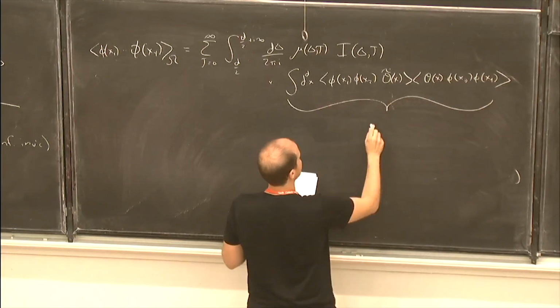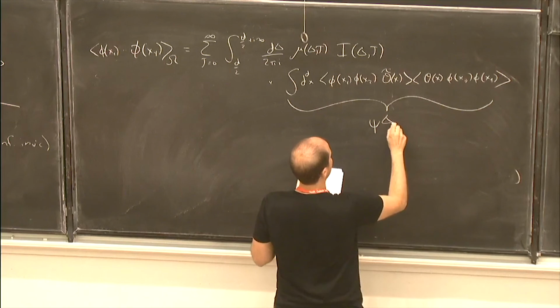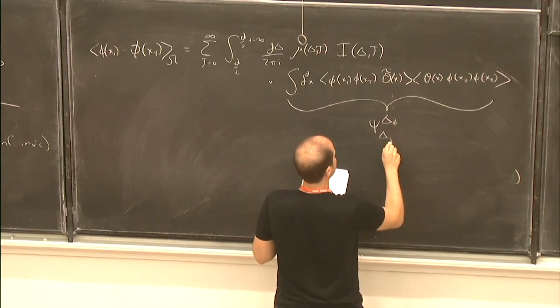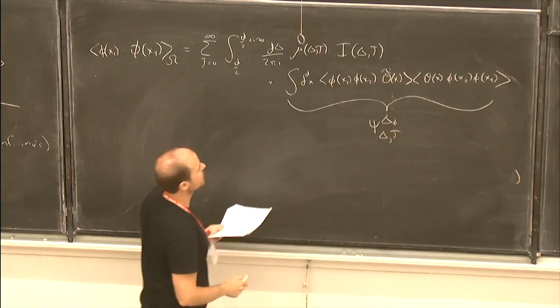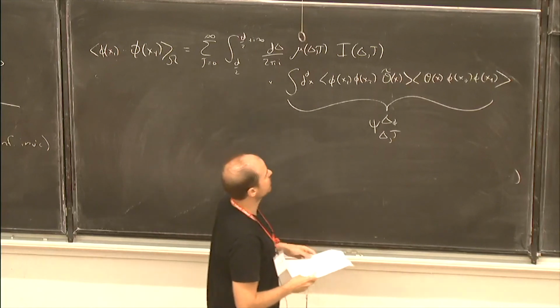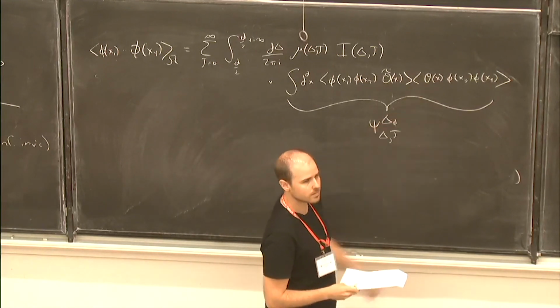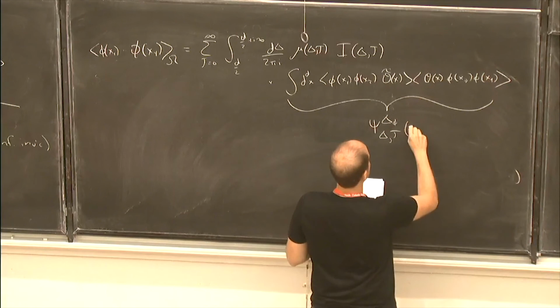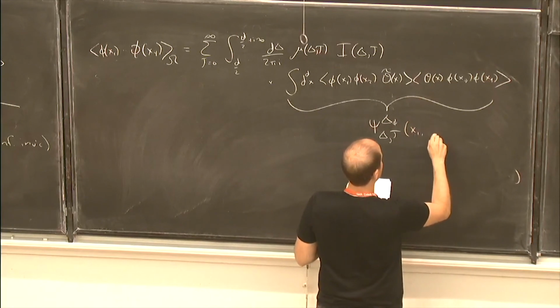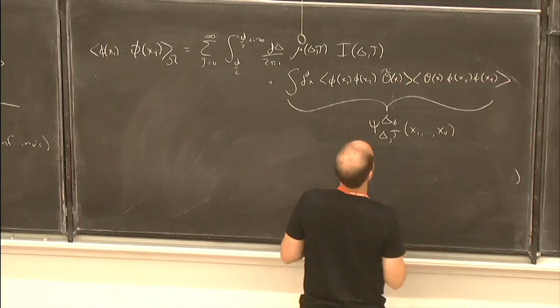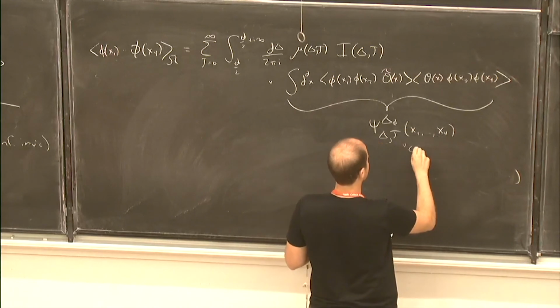And I'll call this thing psi delta j. It depends on delta and j. So everywhere here, delta and j are the dimension and spin of O. And it's a function of x1 through x4. And I'll call this a conformal partial wave.